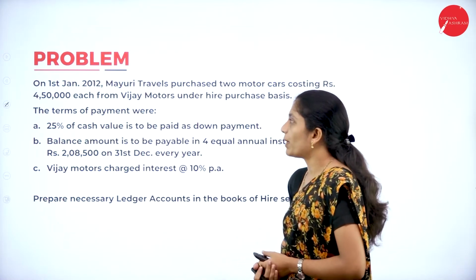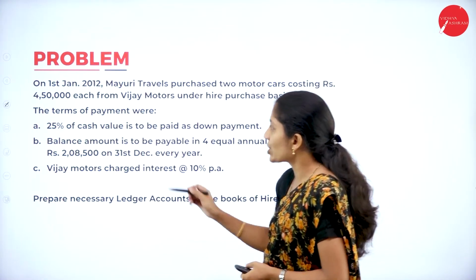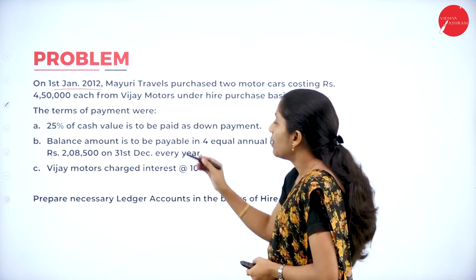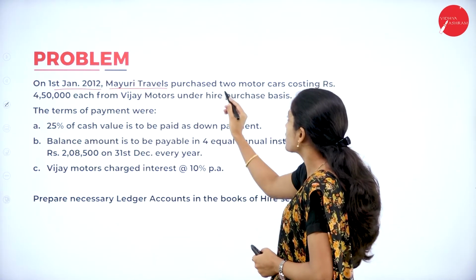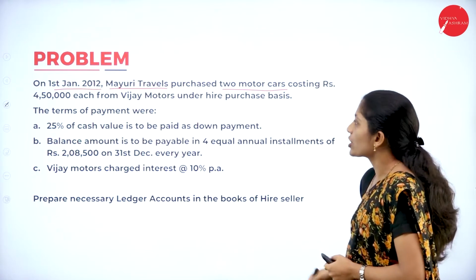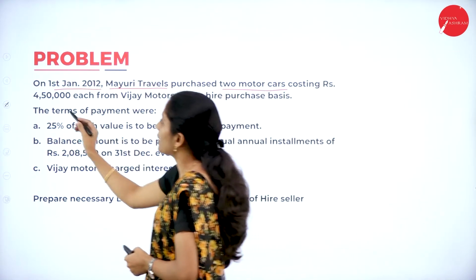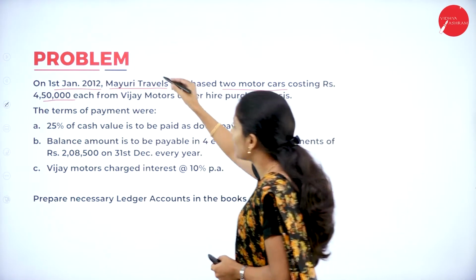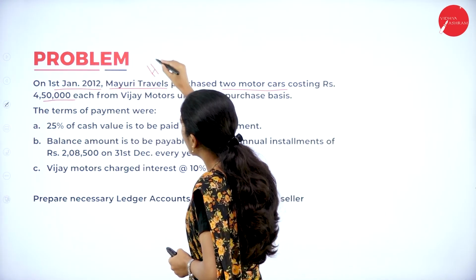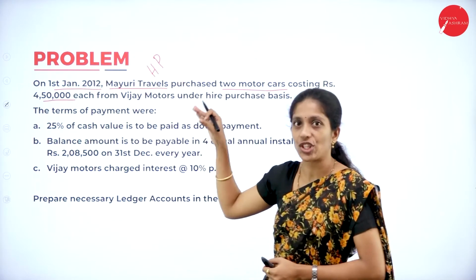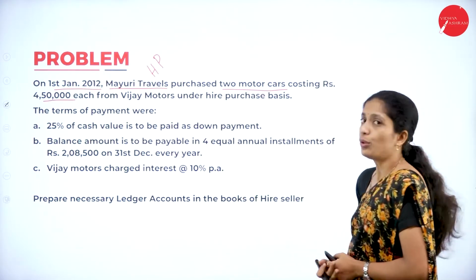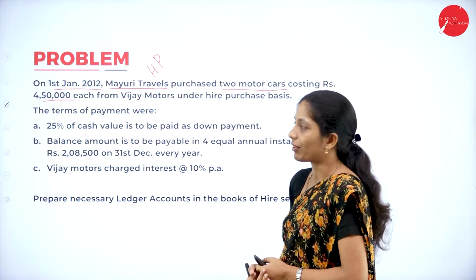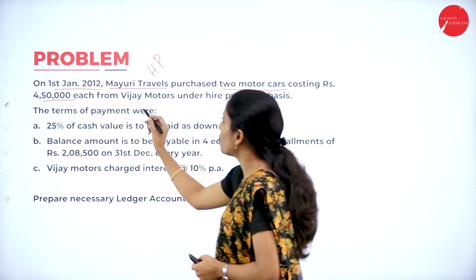Now, go through the problem here. On 1st Jan 2012, MYSURU Travels purchased 2 motor cars costing rupees 4,50,000 each. Now, who is MYSURU Travels? Here they are called the hire purchaser, because they have purchased 2 motor cars, and the cost of each car is 4,50,000, from Vijay Motors.